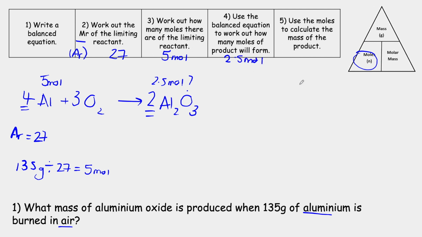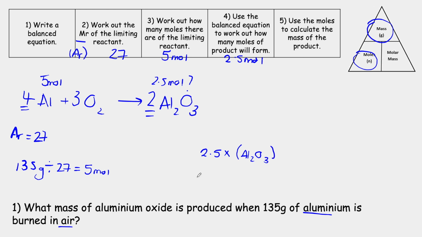Now what we need to do is go back to our calculation triangle to work out the mass of our product. Mass is moles times molar mass. So our moles is 2.5 times our molar mass of our product, which is aluminium oxide. And that will give us our answer.